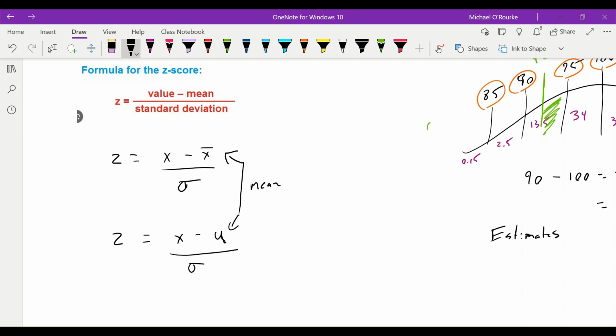So this is for finding the in-between points. Now, the one thing you'll need is a z-score table. I put a z-score table in your documents.